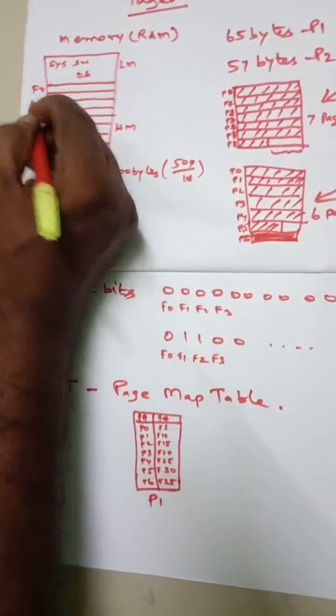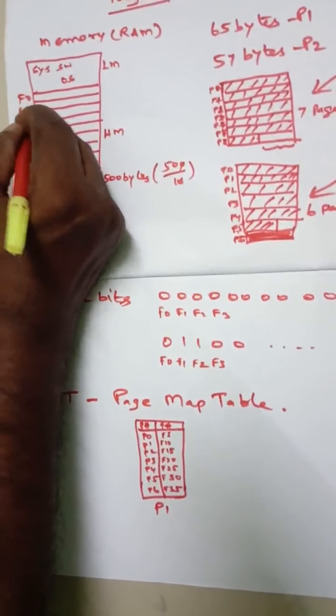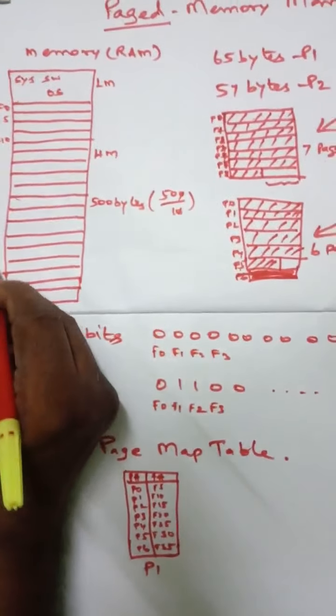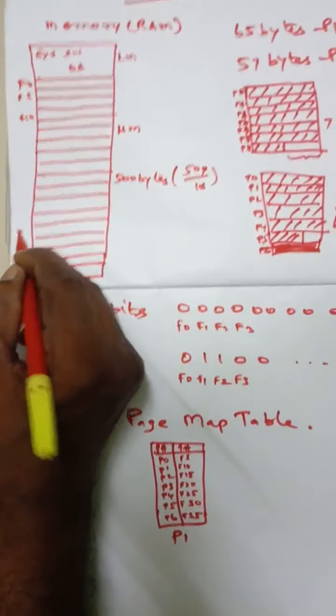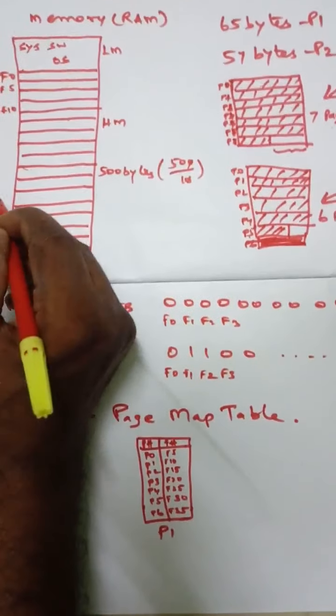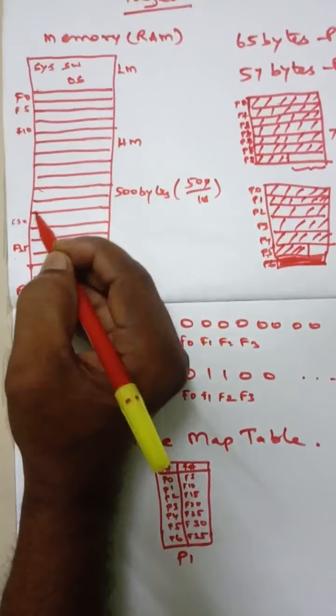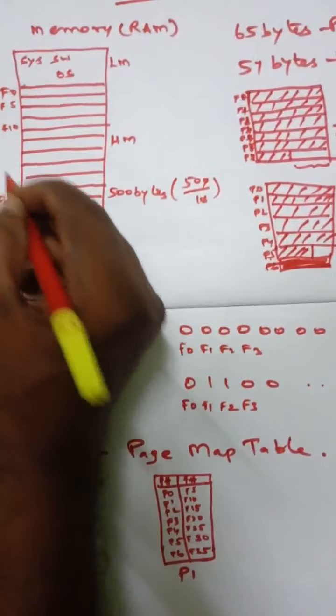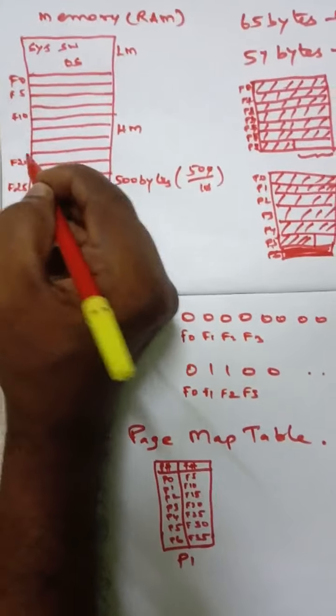So this is for understanding. This is frame 5. This is frame 10. This is frame 35, and this is frame 30. This is frame 25. This is frame 20.